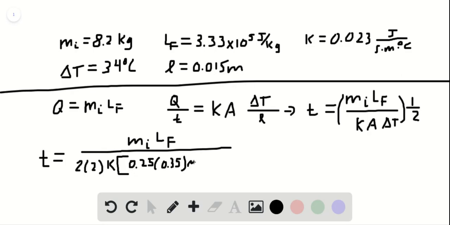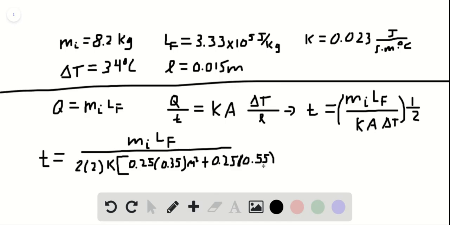So that would have units of meters squared, plus 0.25 meters times 0.55 meters. And of course, meters times meters is going to give us, again, units of meters squared.